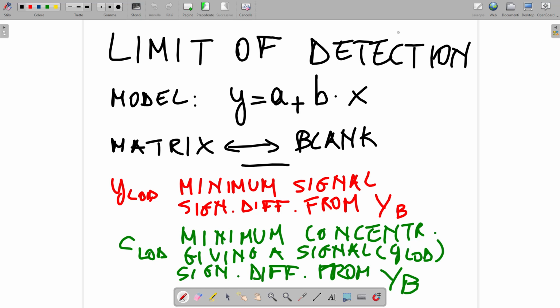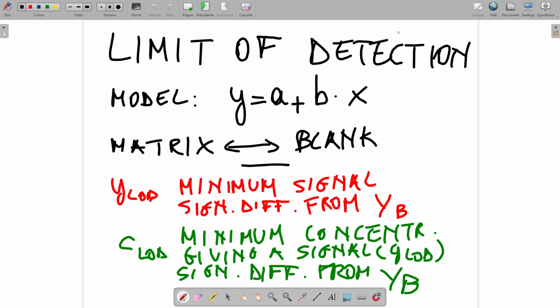C log, from the data of the problem, we must again discuss an ideal case. Suppose that we have the blank, that is, a sample where we are sure that the analyte is absent.